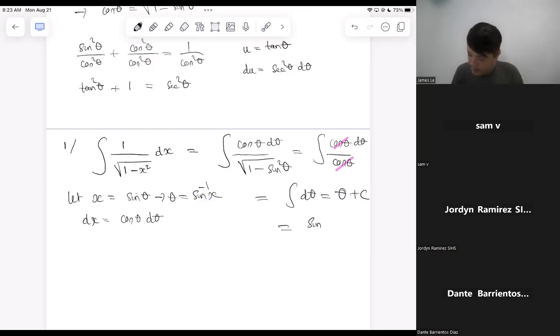So the final answer is sine inverse of x, plus c. Okay, does that make sense for you?